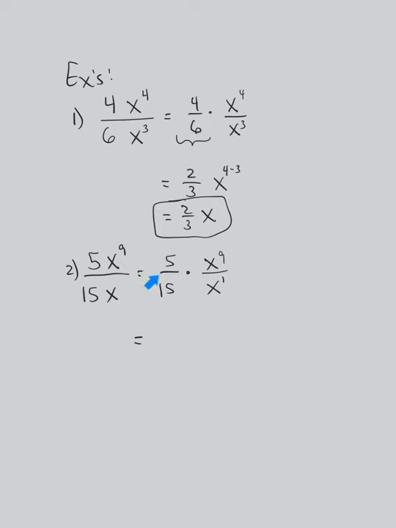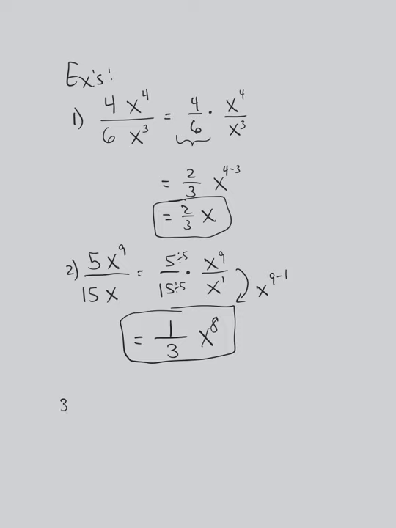We're doing 5 divided by 15. So in that case we would reduce by 5, dividing each one of these by 5. 5 divided by 5 is 1, 15 divided by 5 is 3, so we get 1/3 for our number. Then here we would do x to the 9 minus 1, and so we would get x to the 8th. So this ends up being 1/3 x to the 8th.